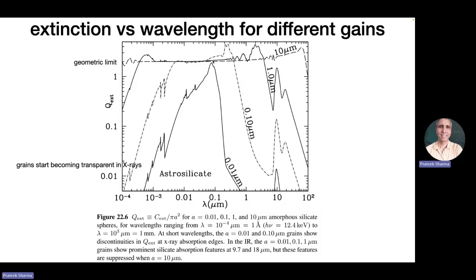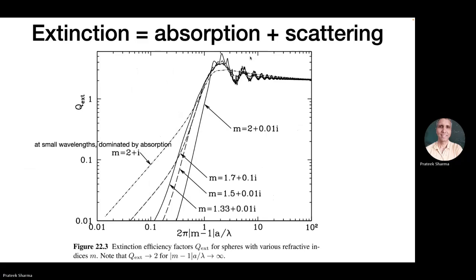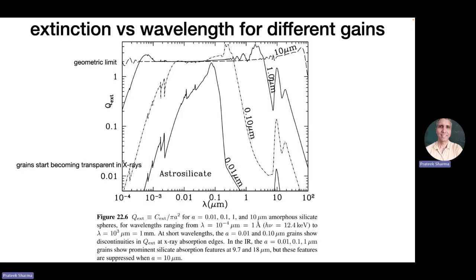Approaching onto the left of this point, you are approaching the geometrical limit. Towards the right, you're going to the Rayleigh regime for that particular grain size. It roughly looks like this. If you go to 1 micron, of course, you expect this to just shift by a factor of 10 as you go smaller and smaller.